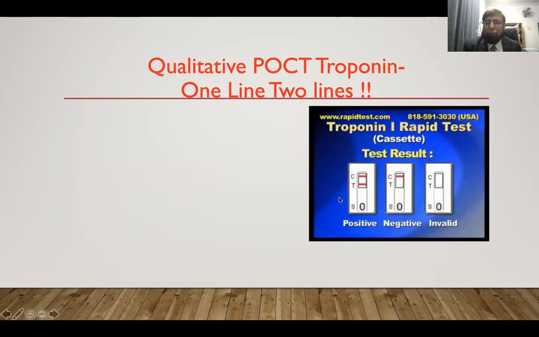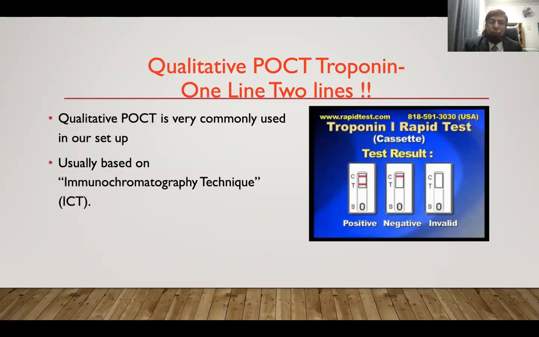In qualitative POC, if two lines are present, it is positive; if one line is present, it is negative; and if no line is present, it is invalid. It is very commonly used, especially in our small cities and villages. You can buy this kit from a medical store and do it yourself. But I think it should not be used. The method is called the immunochromatography technique.